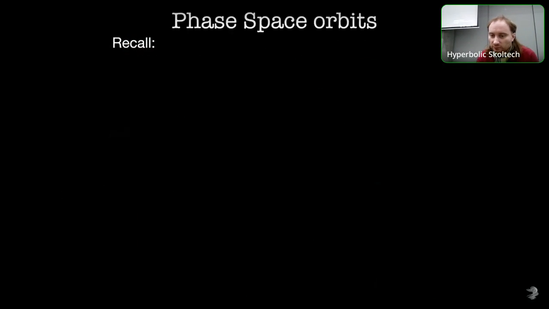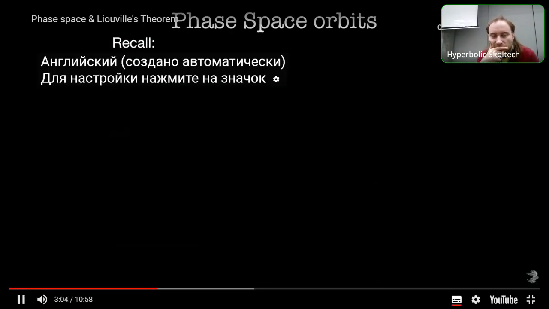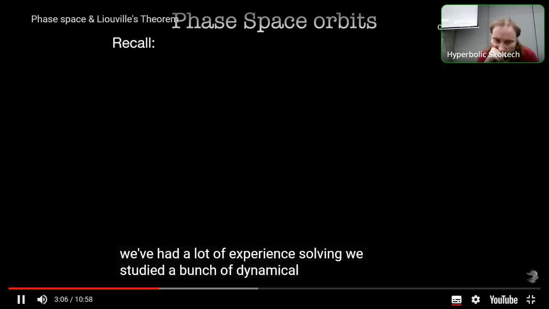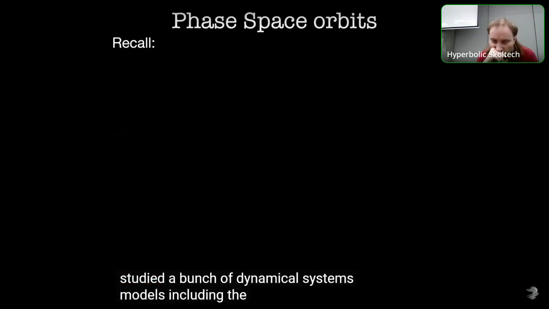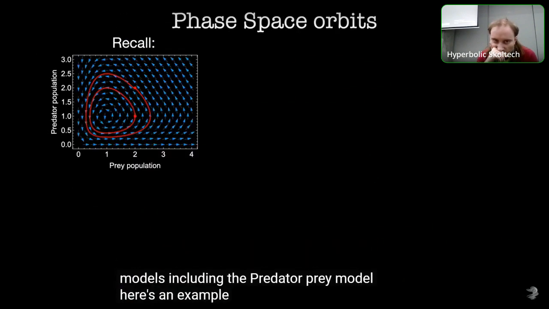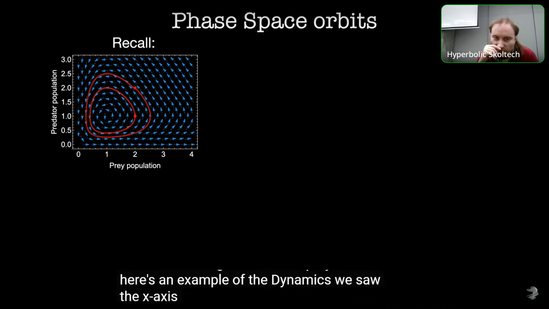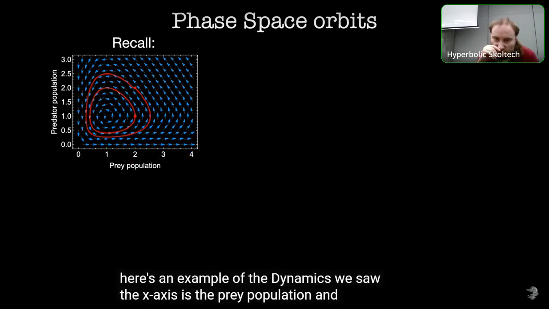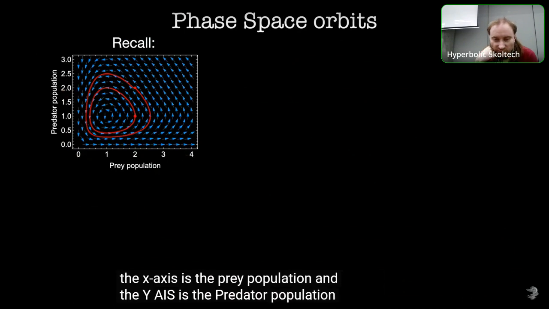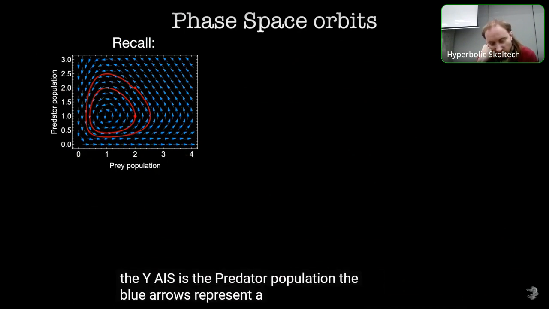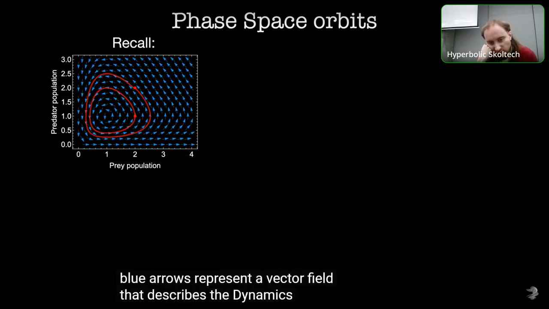This type of dynamics is something we've had a lot of experience solving. We studied a bunch of dynamical systems models, including the predator-prey model. Here's an example of the dynamics we saw. The x-axis is the prey population, and the y-axis is the predator population. The blue arrows represent a vector field that describes the dynamics of the system.